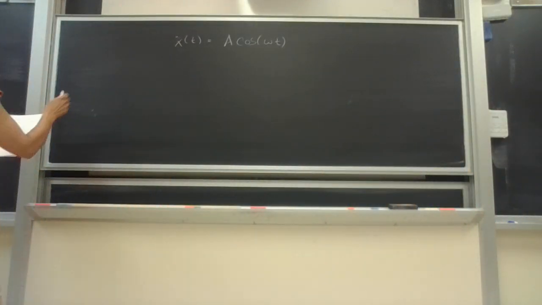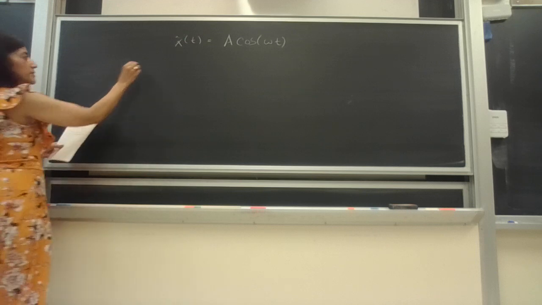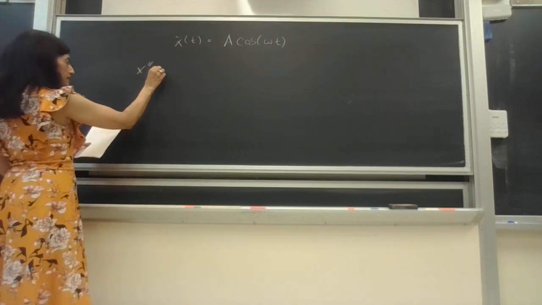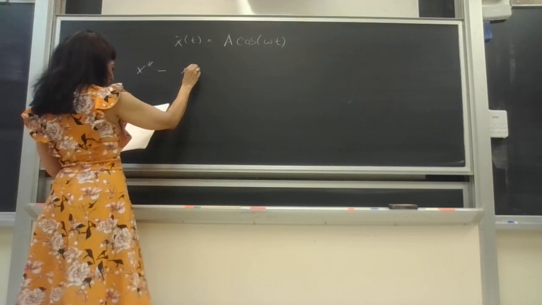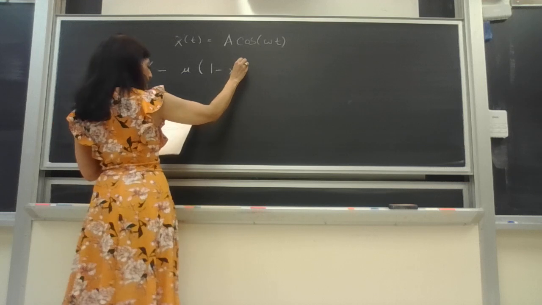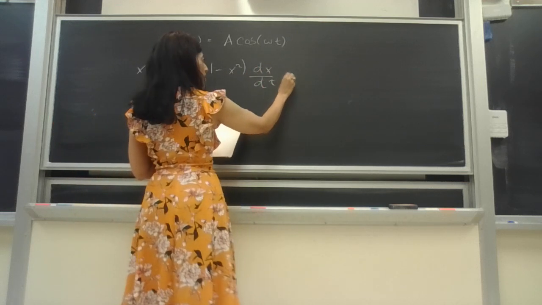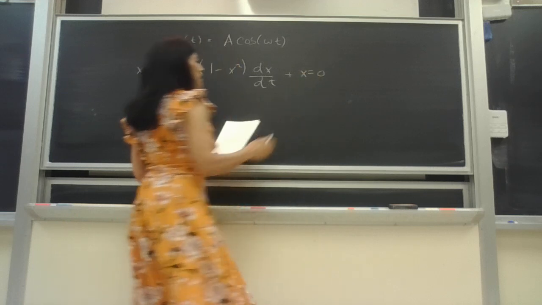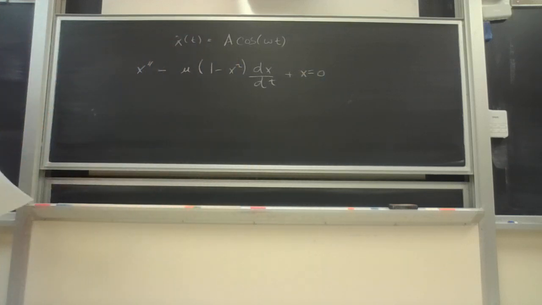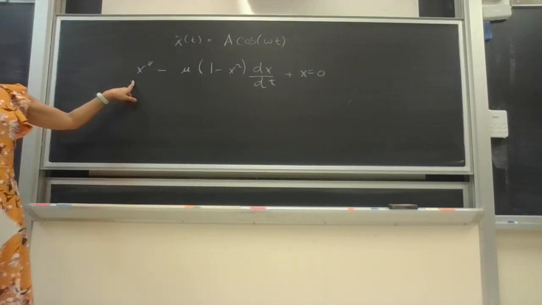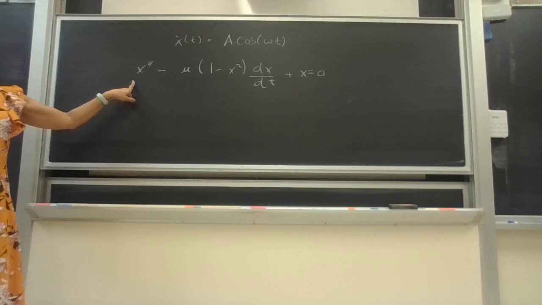Okay, so here's the Van der Pol oscillator. It looks like this. The form before you transform it into a system of two first-order equations, which you have on your in-class assignment, looks like this. You're always looking at position in these type of equations.